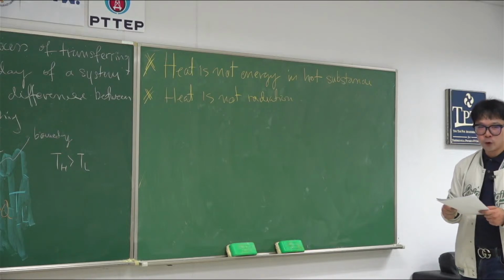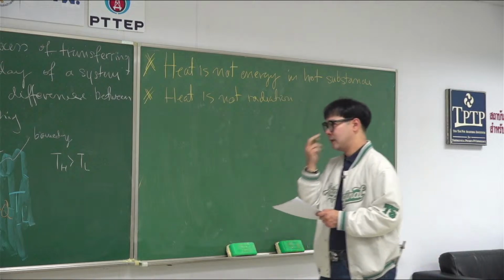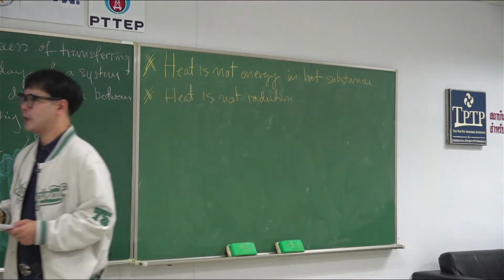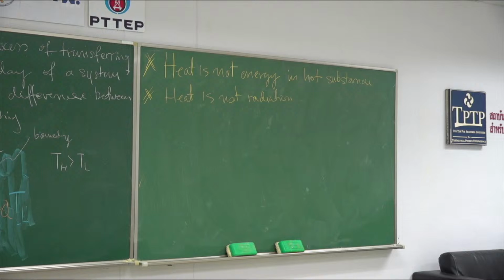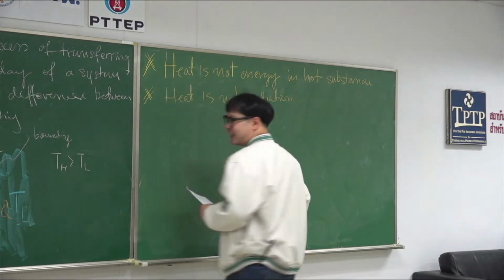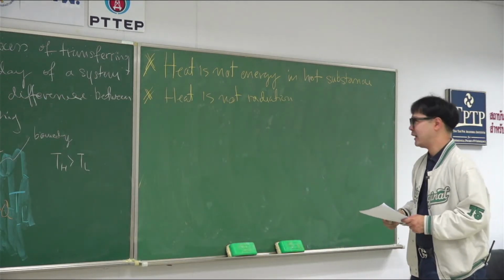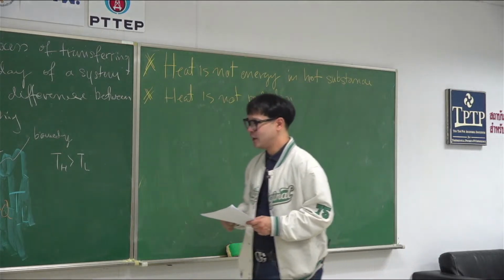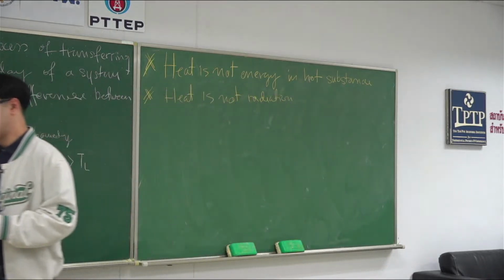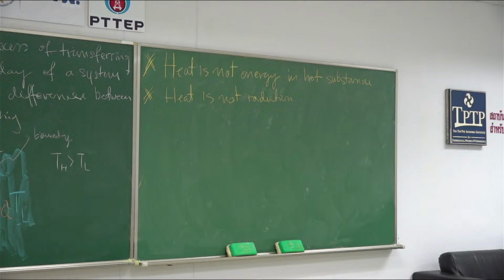When at noon you walk on the pathway, you feel very hot, and you say the floor radiates heat. That is wrong again, right? What is delivered from the floor is electromagnetic radiation.